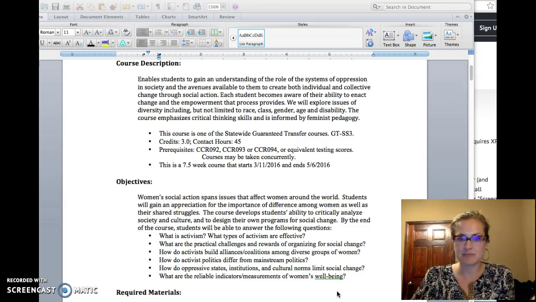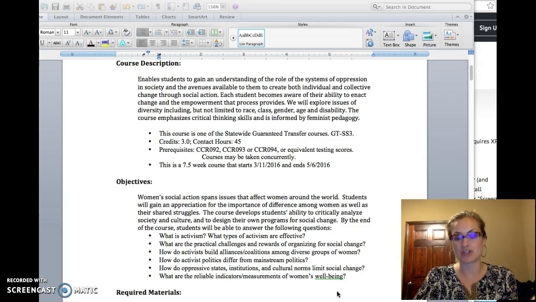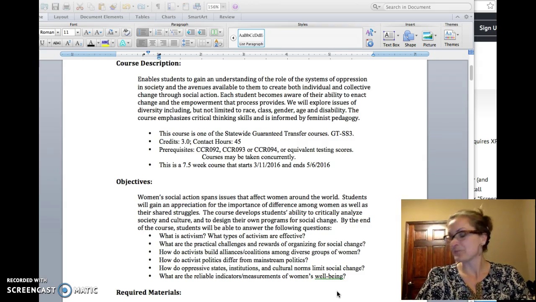How do activists build alliances and coalitions among diverse groups of women? How do activist politics differ from mainstream politics? How do oppressive states and institutions and cultural norms limit social change? We actually have a week where we'll talk about working in institutions, which is really fun. And what are reliable indicators or measurements of women's well-being?